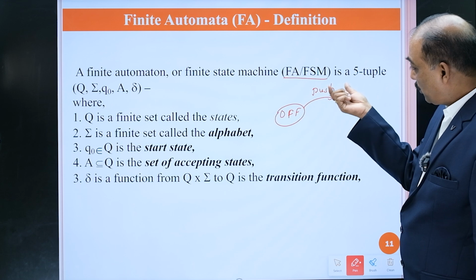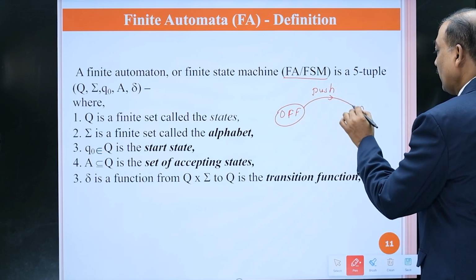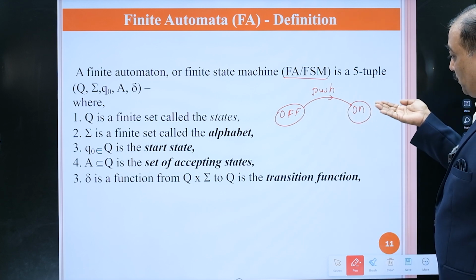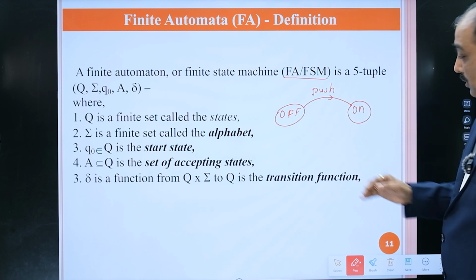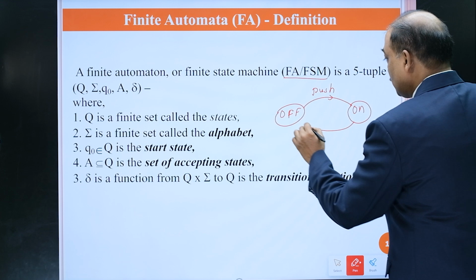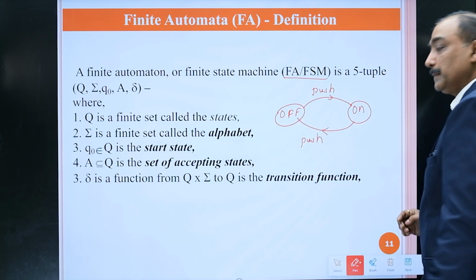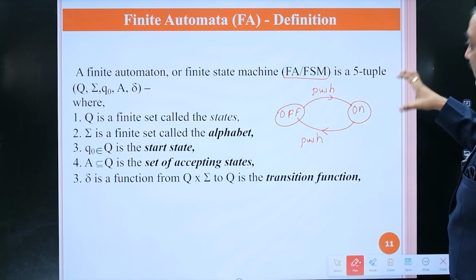Once I push this electric switch, it will enter into another state that we call the on state. Now the switch is in the on state, and I want to switch it off. So again I will push this switch and it will transit into the off state. So here I am showing the transition.